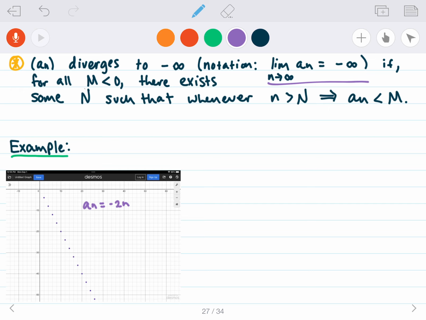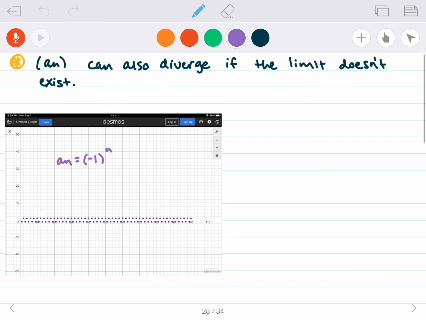This definition says that if you give me a negative real number, no matter how negative, no matter how small the number is, I can always find a capital N such that whenever I go along far enough in my sequence, I can guarantee you that there's going to be a number in my sequence smaller than the m that you gave me to begin with. Okay, so that's what it means to diverge to negative infinity.